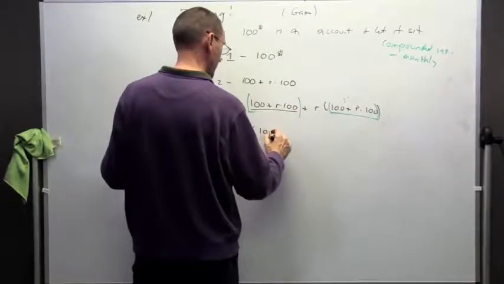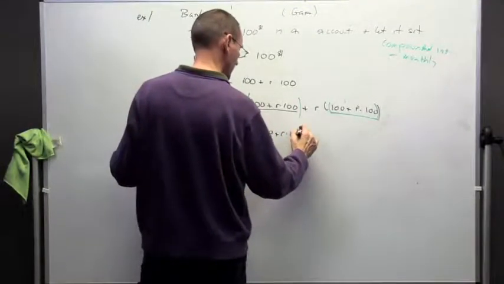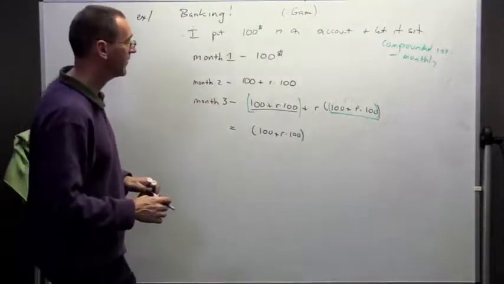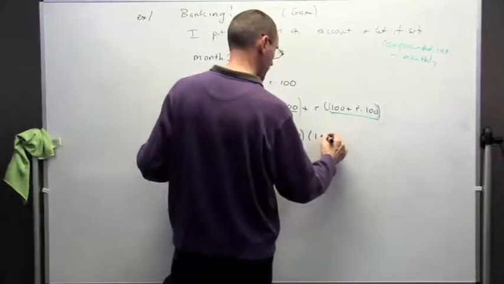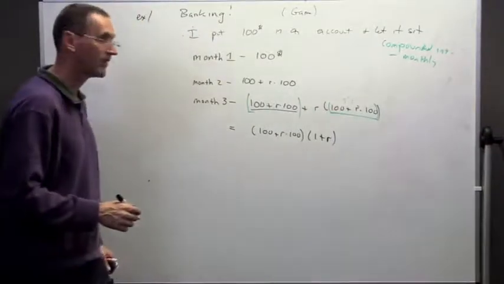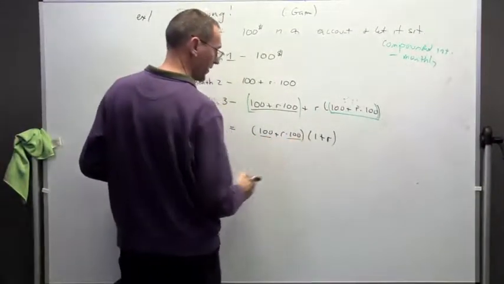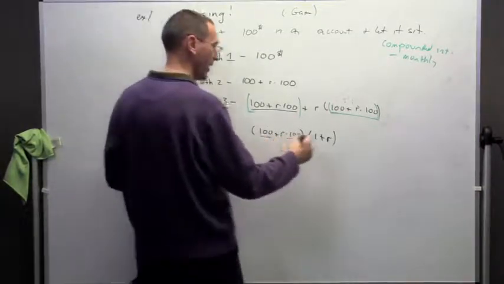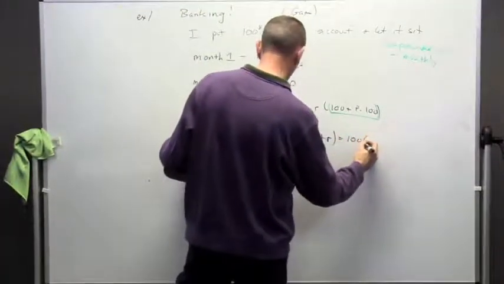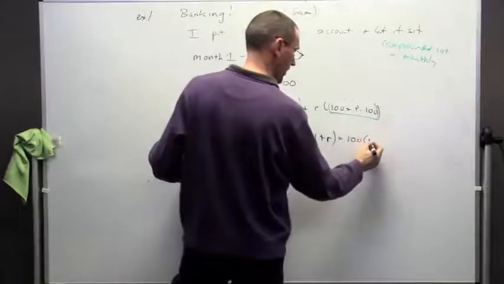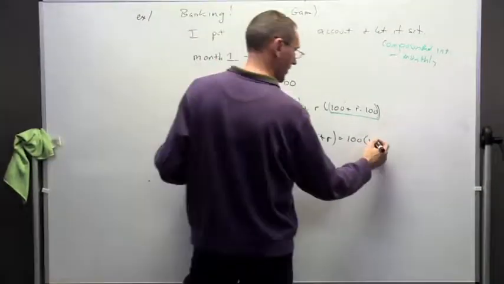So if I take that number, I can factor that out. I'm going to get 1 plus R. Oh, look. There's 100 in there, right? I can take that out. If I take 100 from there, I get 1. Take 100 from there, I get R.